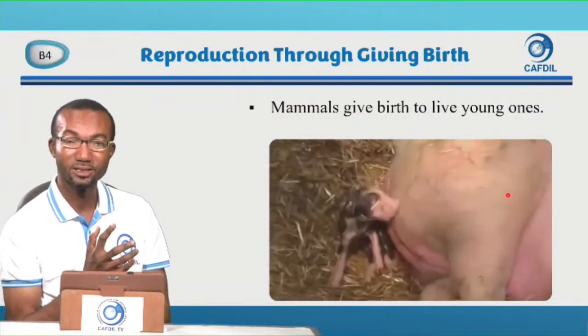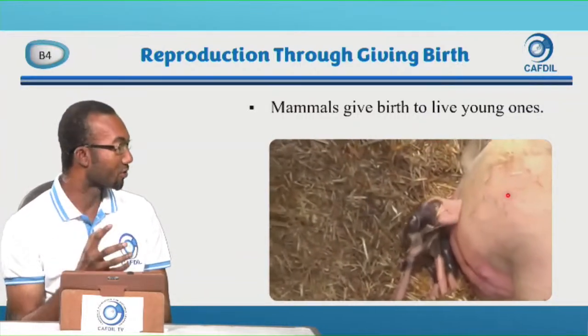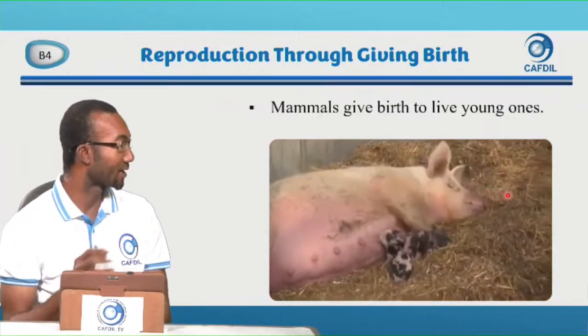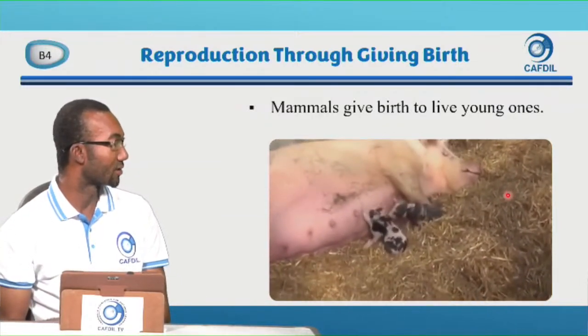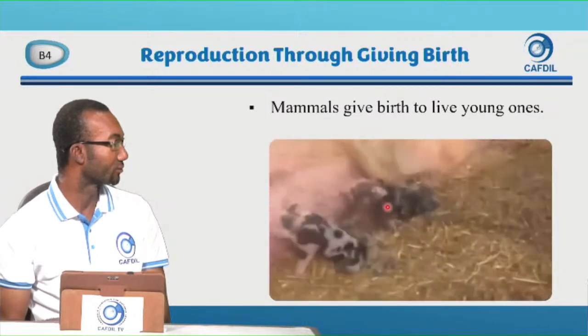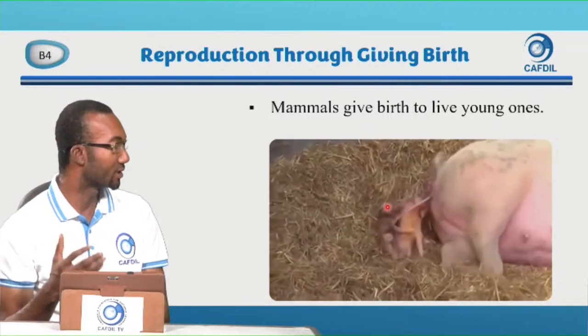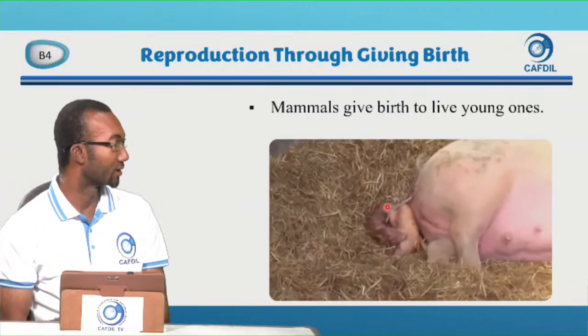So human beings give birth. We saw the goat giving birth. We saw the mouse giving birth. And right now, the pig is also giving birth. Yes, they can also give birth to 8, 10 piglets.